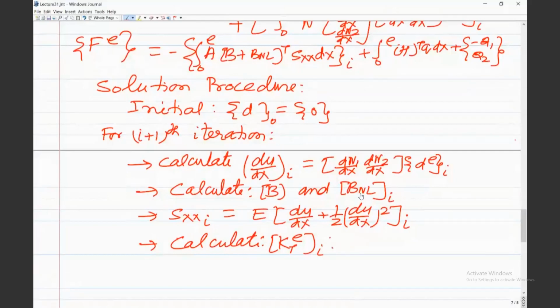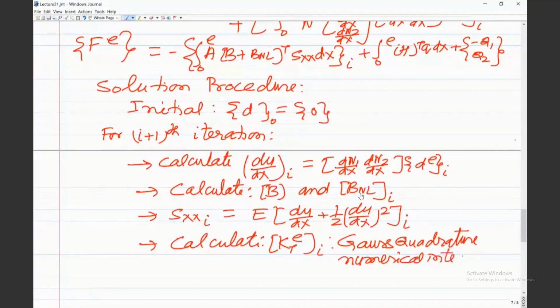But if it is a problem where dN1 by dx and dN2 by dx are functions of say capital X or the natural coordinate xi, then you can also use Gauss quadrature numerical integration if required. In this case it will not be required because all the gradients are constant, so you can use explicit integration.